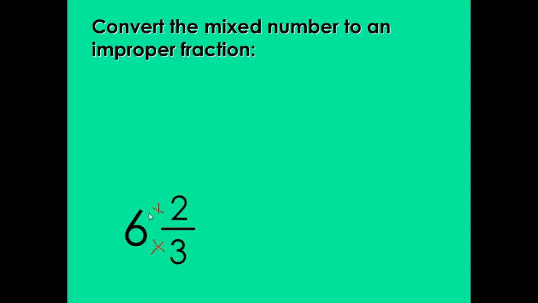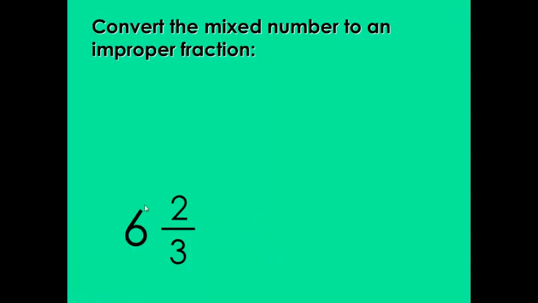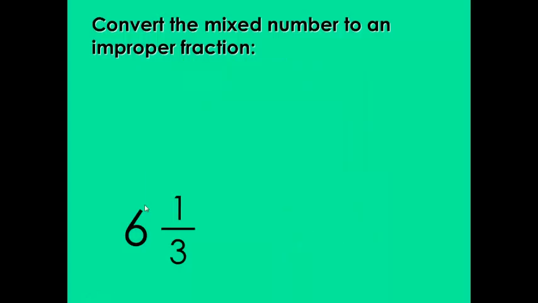So 18 plus 2 equals 20. And step 3 says put that answer over the denominator. Our denominator is 3, so our answer is 20/3. I'm going to erase so we make sure we're correct. 6 2/3 equals 20/3, which is what we got.